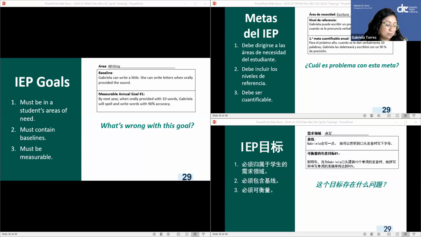And then with the actual goal, I don't see the relationship between the baseline and the actual goal. Like, how do we know that she's met that goal? When it says, when orally provided 10 words, Gabriella will spell and write those words with 90% accuracy.